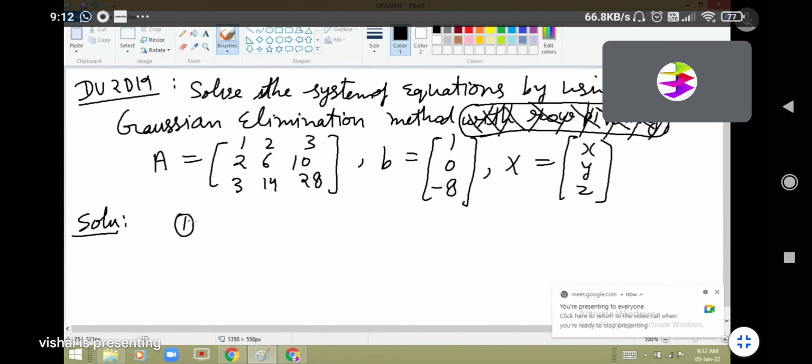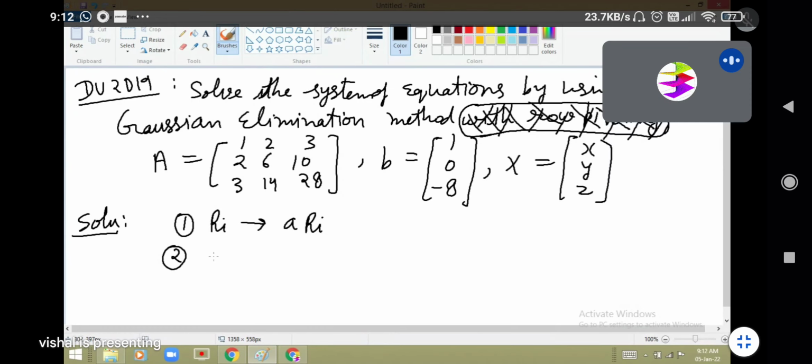First is, suppose you have any row Ri, you can multiply any scalar to any row. This is the one operation which you can apply. And the second method is, you can interchange any two rows. And the third one is Ri.